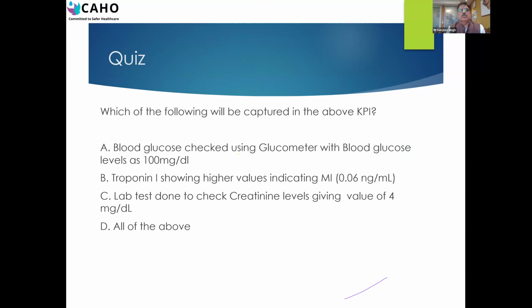So a very quick question, and you could respond in the chat box. Which of the following will be captured in the KPI, which is POCT? Blood glucose check using glucometers, Trop I showing higher values, or lab test done to check creatinine.